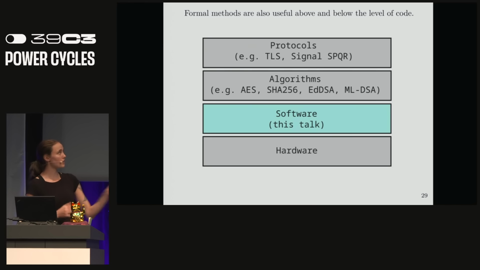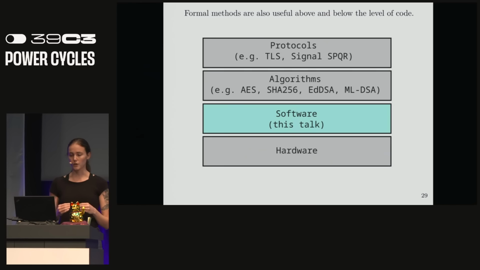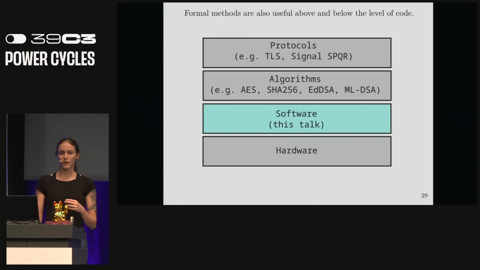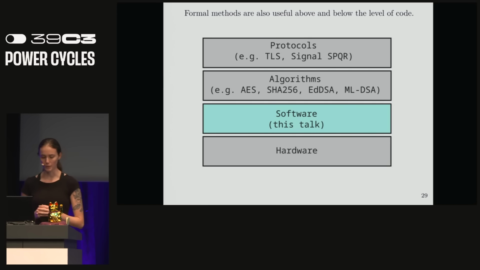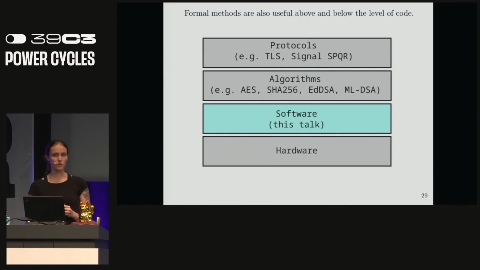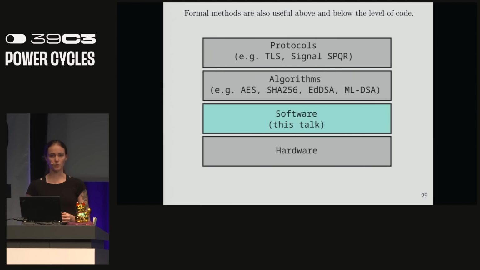And you can use it at an even higher level of protocols to make sure that you've assembled signatures and encryption schemes in a way that guarantees a high-level property like secrecy. For example, Signal recently introduced the sparse post-quantum ratchet, which is their post-quantum communication protocol, and they actually verified that using a tool called ProVerif.